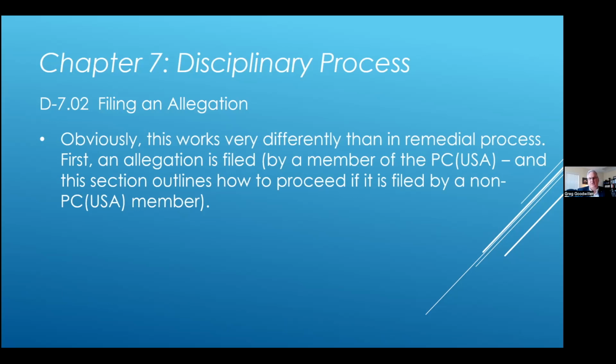One of the things we wrestled with a good bit was very often it is the clerk or stated clerk who is the one who receives something from someone who is not PCUSA.